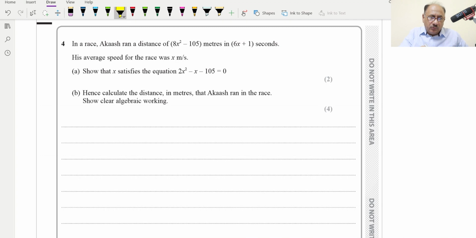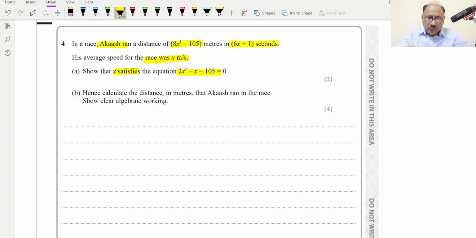Question number 4. In a race, Akash ran a distance of this many meters in this many seconds. His average speed for the race was x meters per second. Show that x satisfies this equation.